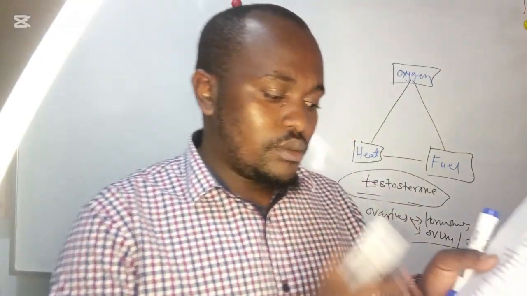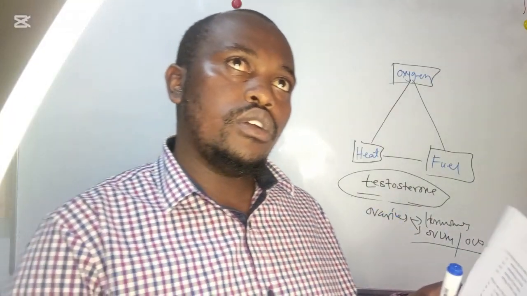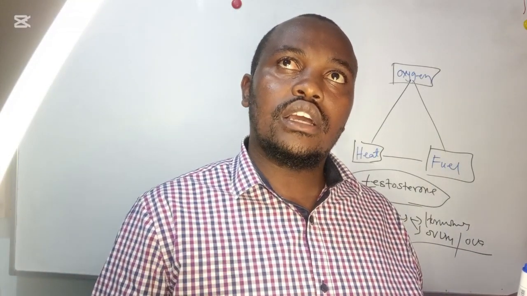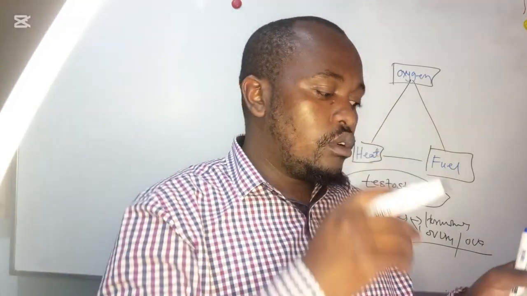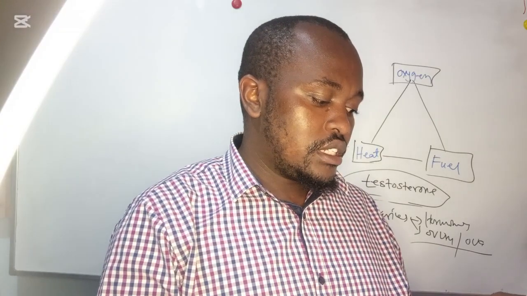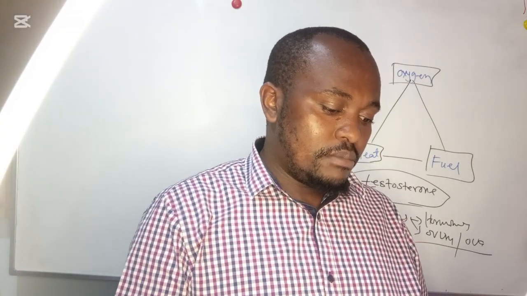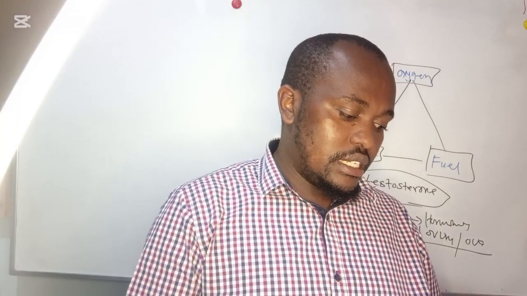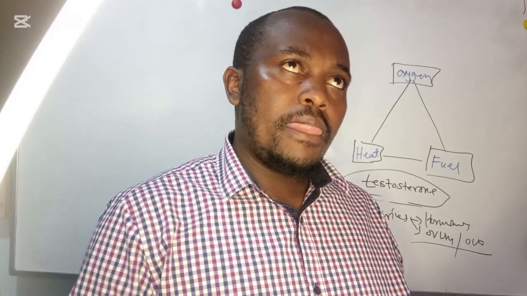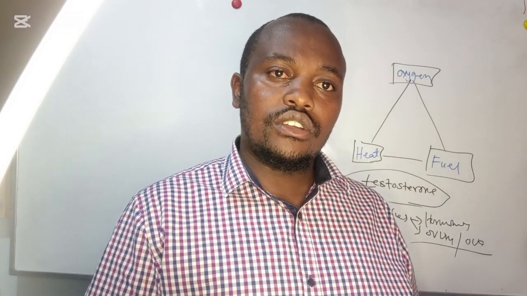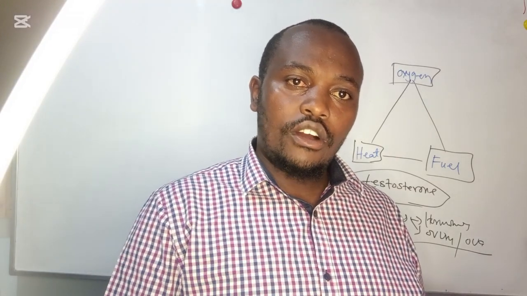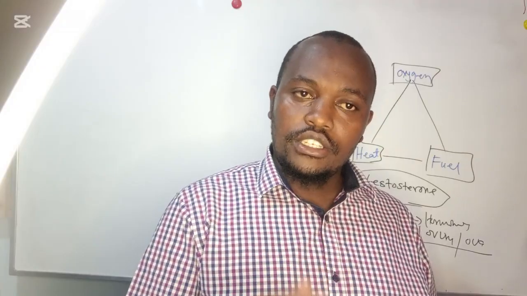When you read this question, which question do you think can come in your exam? You need to know which part transports sperms. It is the sperm duct. Where does fertilization take place? It is in the oviduct or fallopian tube.